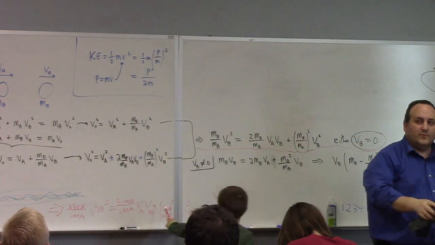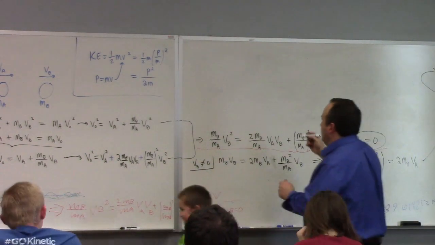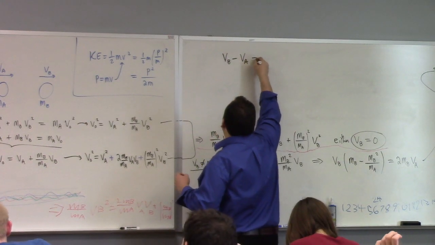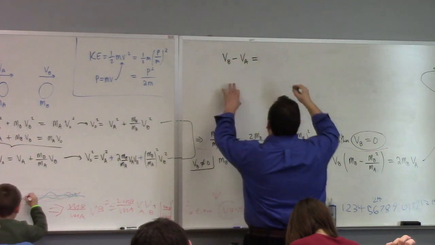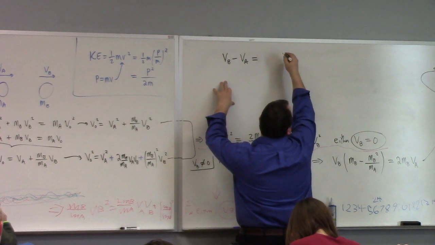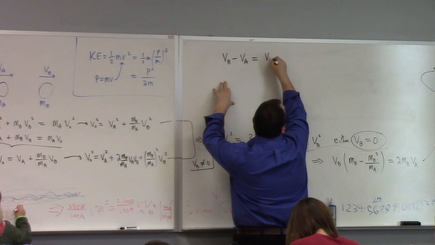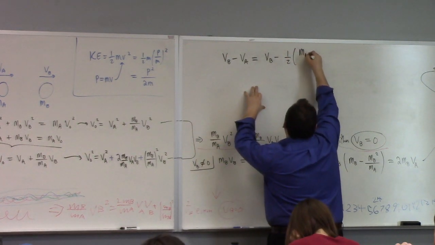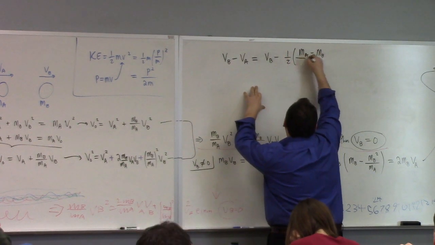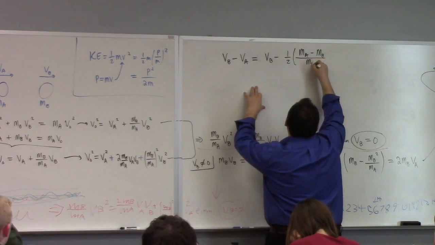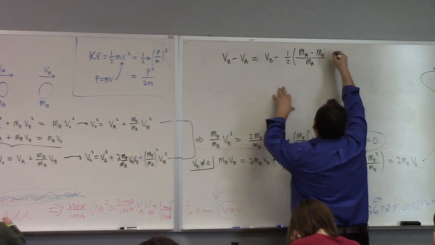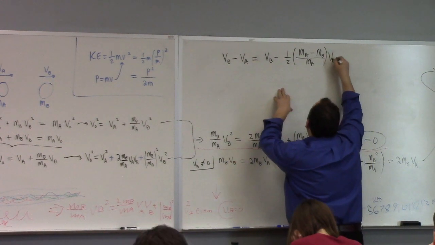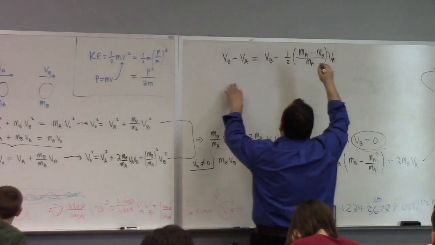So, what is VB minus VA? All right, VB minus VA is VB minus 1/2 MA minus MB, supposing I haven't made a mistake, right? And I probably should have left it the other way, shouldn't I? But, oh well. So what we got here?